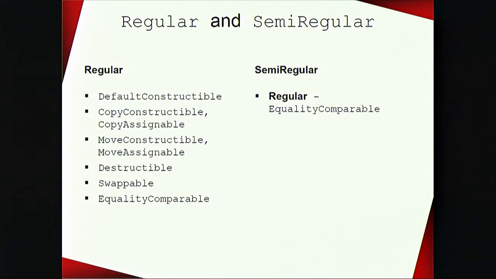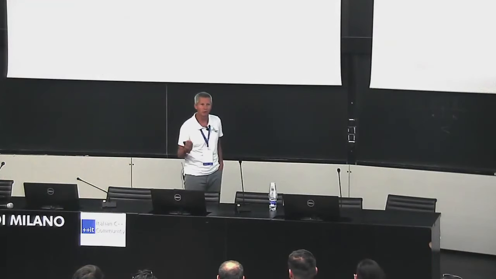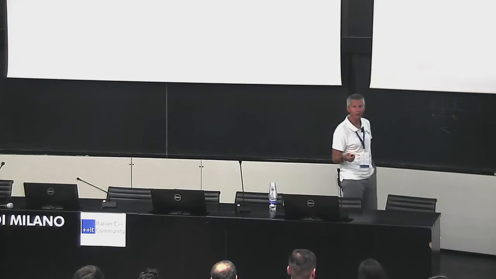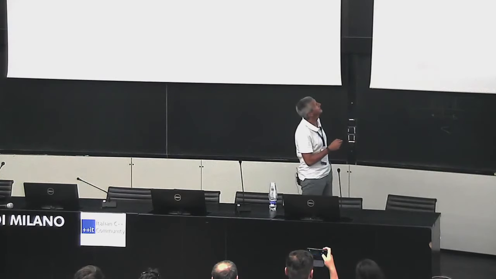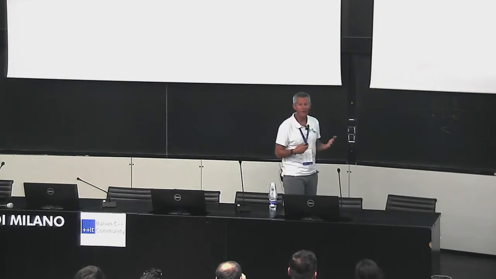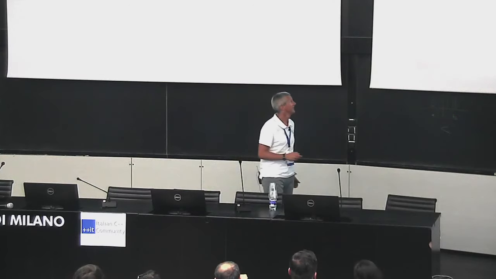Okay, now I tried out if I can write a concept regular and semi-regular to check it. Of course I have to use something which can be evaluated at compile time, so I use the type traits from the standard template library. I already have all functions I need, only one is missing.